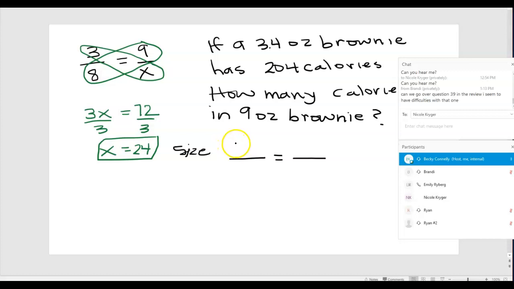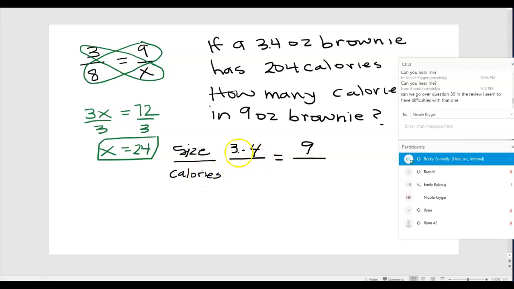So on my first fraction, I'll have 3.4 on the top, and on my second fraction, I'm going to have 9 on the top. So those are both in ounces. And then on the bottom, we're talking about the number of calories.